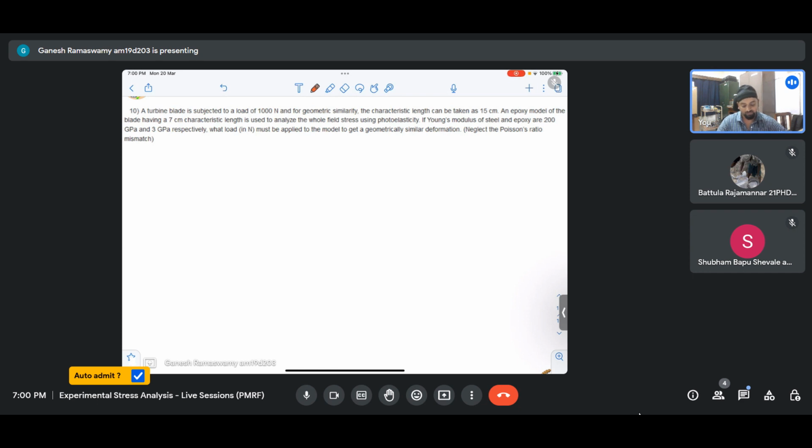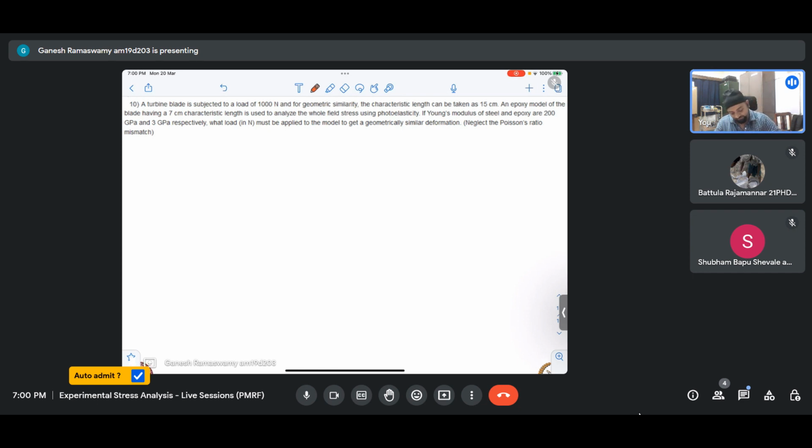So essentially, experiments can be done on models which can be scaled down, or prototypes. So here the prototype is our turbine blade, which is made of steel. The material we are trying to study that with is epoxy.